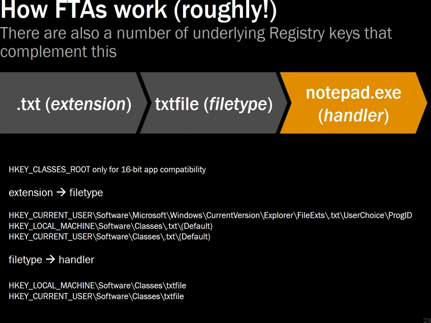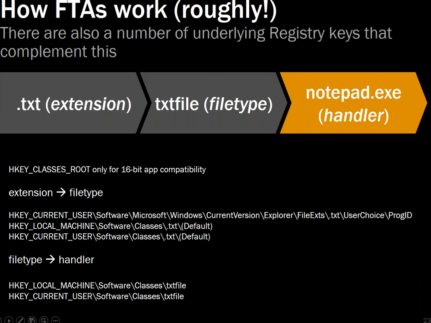It's essentially a merged view of HKEY_LOCAL_MACHINE\Software\Classes and HKEY_CURRENT_USER\Software\Classes. Microsoft say application developers should never write to HKEY_CLASSES_ROOT, only read from it. So forget about HKEY_CLASSES_ROOT, it's just there for backwards compatibility.